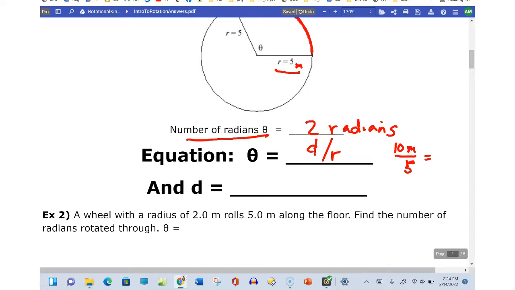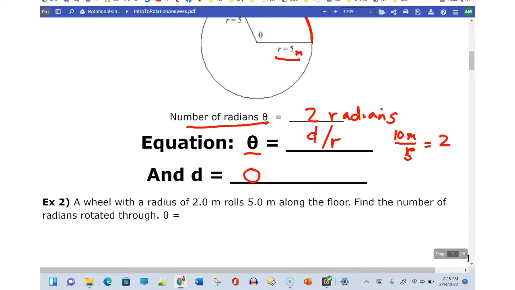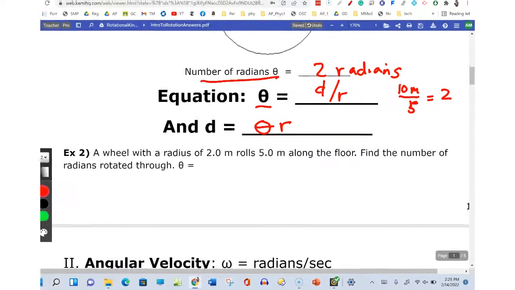So how many radians? That's 2 radians, 10 divided by 5. So to get the number of radians, it's the distance you've traveled, or the arc length, divided by the radius. So 2 radians if you traveled 10 meters when your radius is 5. Now if you cross multiply, you see the distance is the number of radians times r. I just simply cross multiplied the equation there.